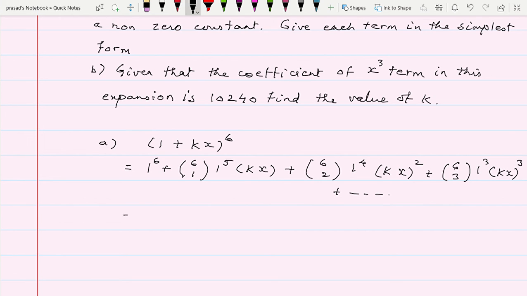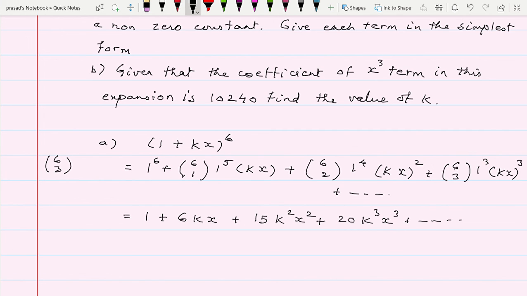Now simplify it out. So 1, then 6c1 is 6 kx, next 6c2, that is 15 k square x square, 6c3, that is 20 k cube x cube. In the last class, I told you how to find the combinations on your calculator. Take for example 6c3, just as a revision.